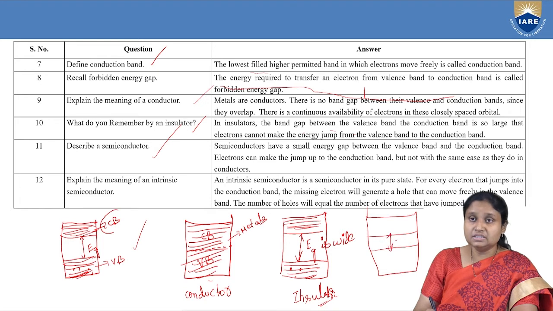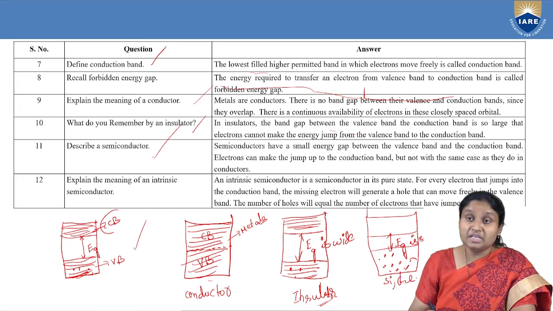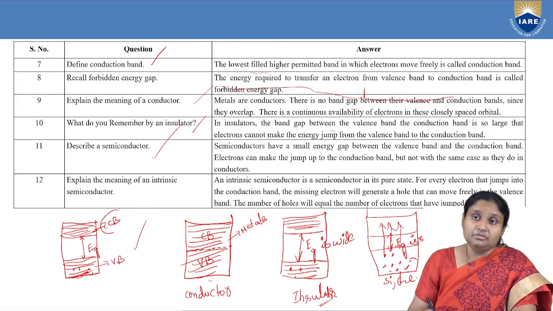So this Eg is small. If I take semiconductors like silicon and germanium, their valence band is completely filled, but when I supply a small amount of energy, these electrons will easily jump across the forbidden energy gap and go to the conduction band.